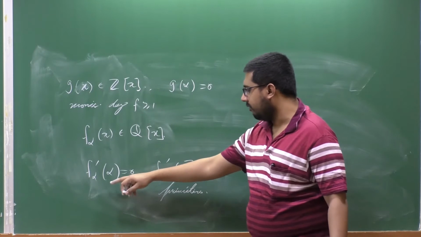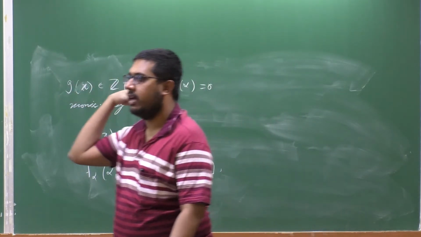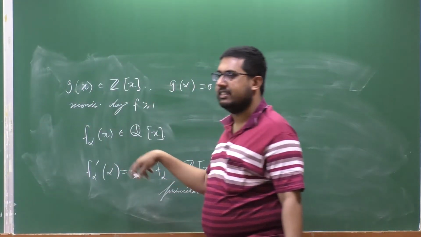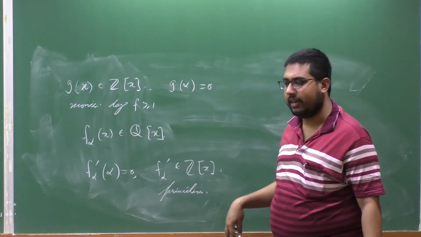What we have done is multiply f_alpha by some non-zero constant, so this f_alpha prime is again irreducible. So f_alpha and f_alpha prime are associates in Q[x].